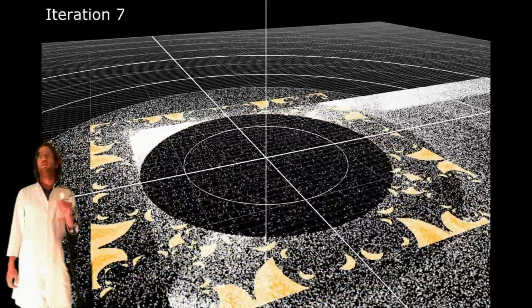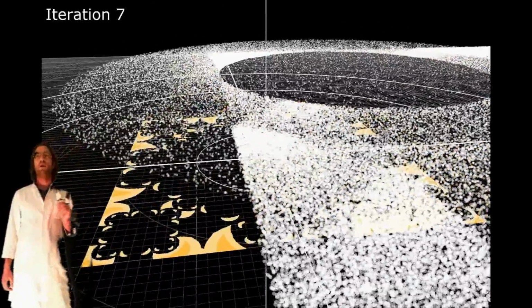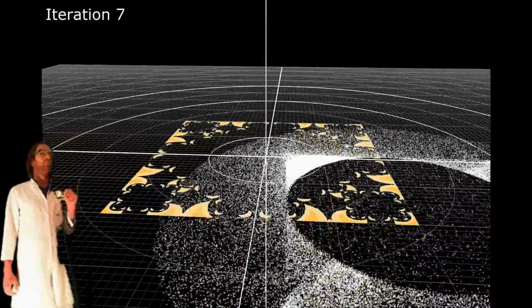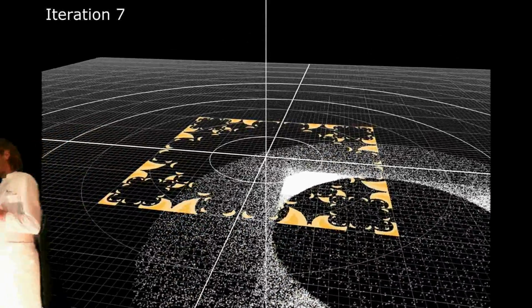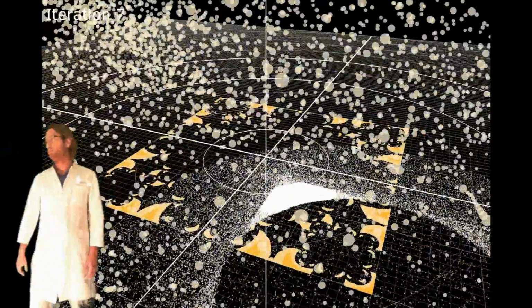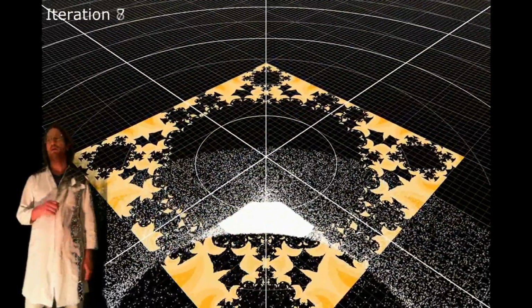The addition is performed, as we know, with a different value for each point, though it looks like it would be the same value. The bailout operation marks the points outside the bailout radius with the current iteration color.